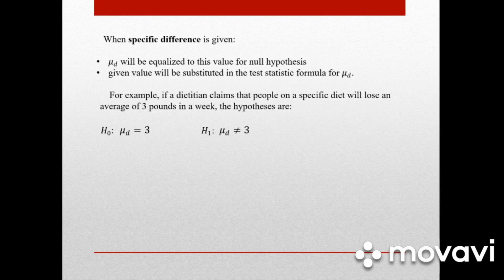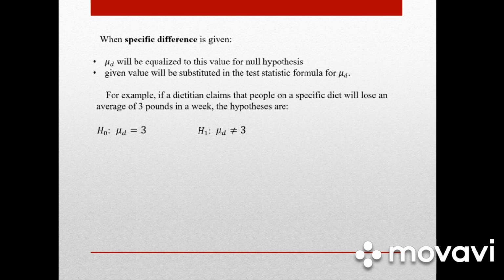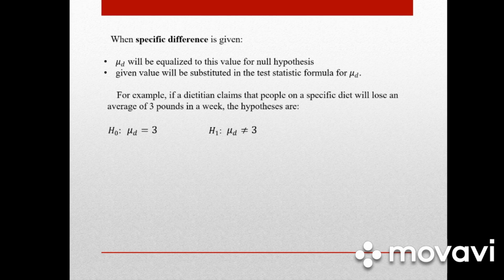So, to understand this topic fully, we also should know about the last and important thing: how the mean of difference will be changed when a specific difference is given. In this case, first of all, the mean of difference will be equated to this value in the null hypothesis, and the given value will be substituted in the test statistic formula for mu d.